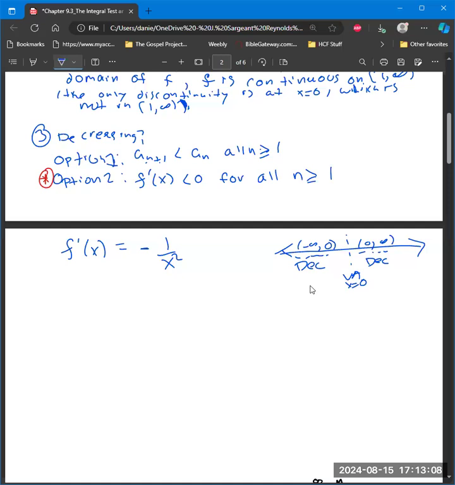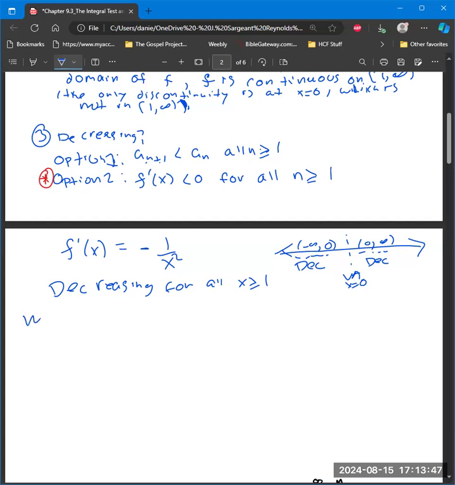So that means that this is definitely decreasing on the interval from 1 to infinity, for all x greater than or equal to 1.